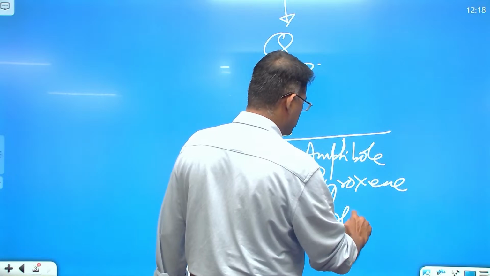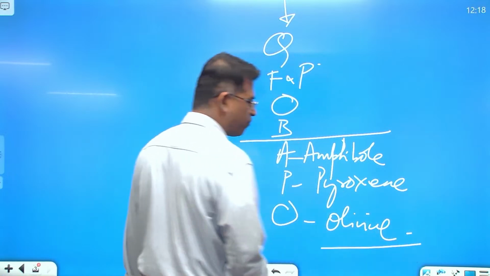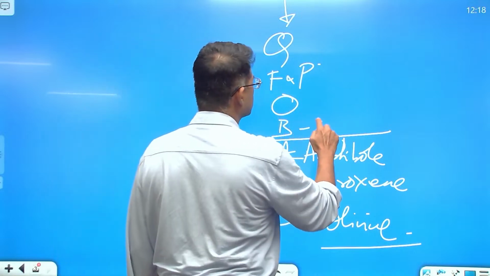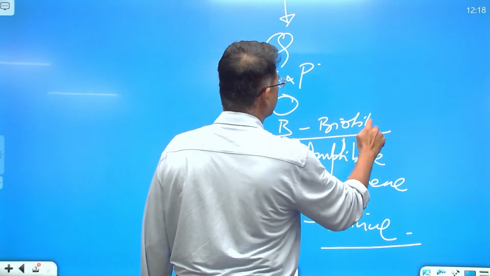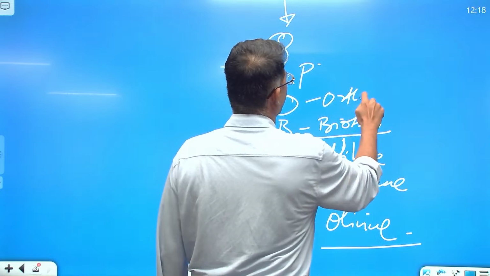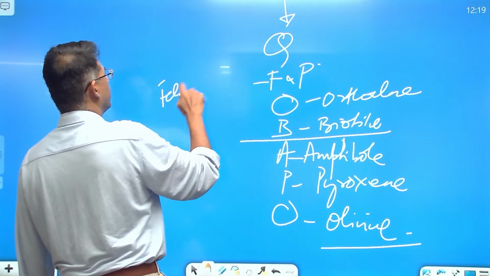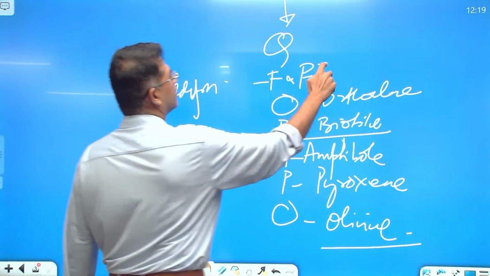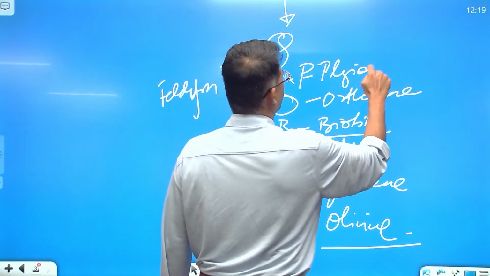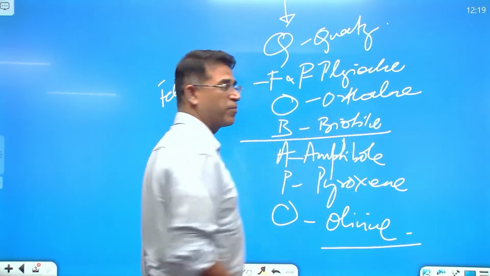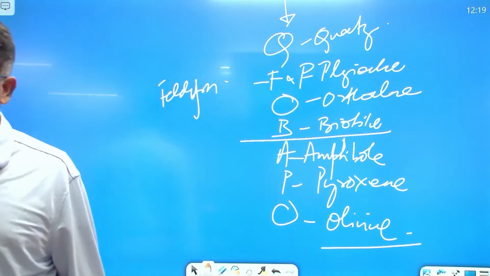This is olivine. You must remember these names. And you know, this is biotite. This is orthoclase. This is feldspar. This is plagioclase. And this is quartz. So these names you must remember.